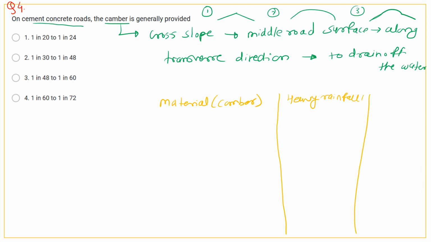So here first value is about the cement concrete road. Second is about the thin bituminous.